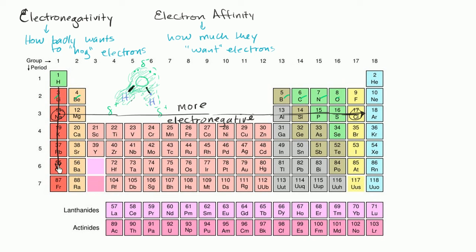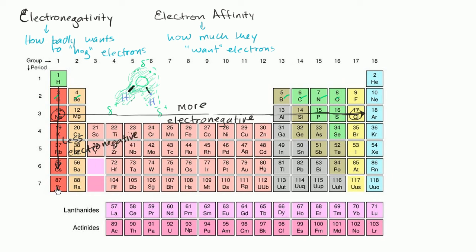And so because of that, there's more interference between that electron and the nucleus from all the electrons in between, and also it's just further away, so it's easier to grab it off. So cesium is very likely to give up electrons. It's much more likely to give up electrons than hydrogen. So as you go down a given group, you're becoming less electronegative.